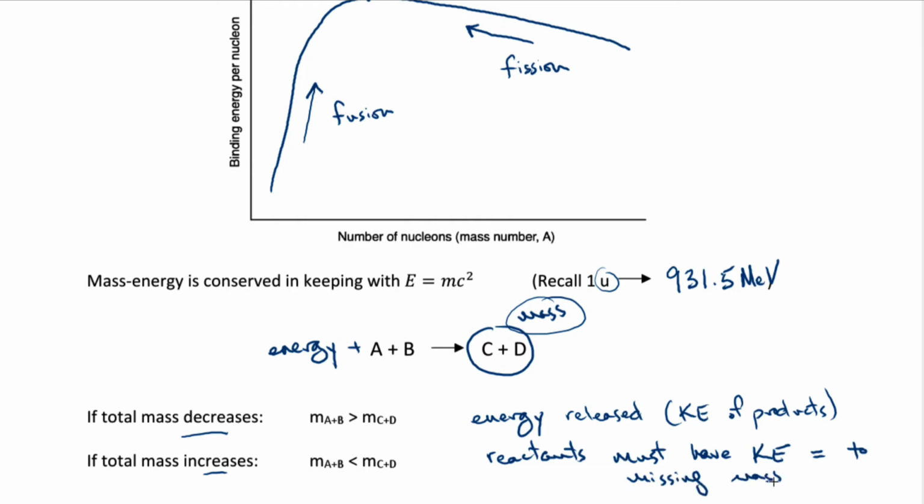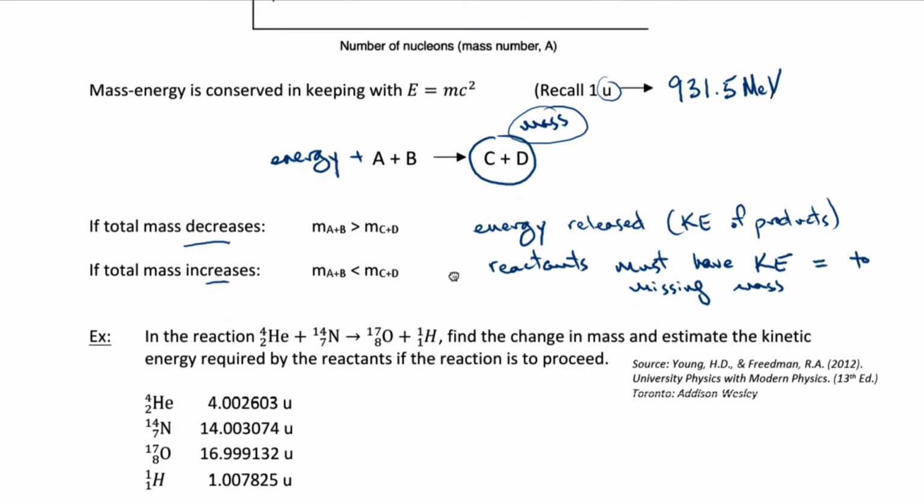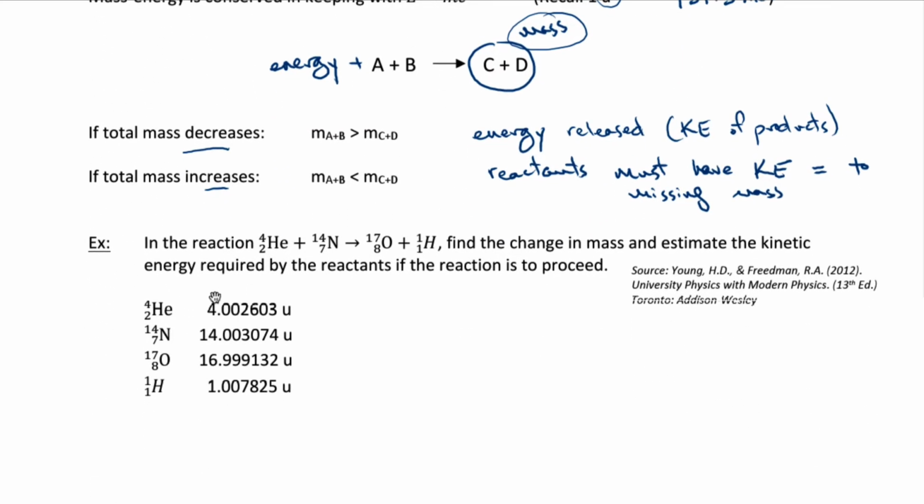So these principles are true for all nuclear reactions. Let's take a look at an example, and then we'll get on to fission and fusion. So here we're given a reaction of helium and nitrogen making oxygen and hydrogen. We're asked to find the change in mass and then estimate the kinetic energy required by the reactants if this is going to happen. So you're given the masses here in atomic mass units. These two are on the left side.